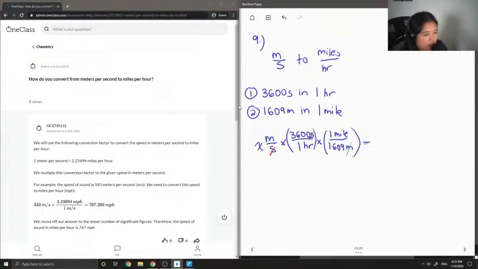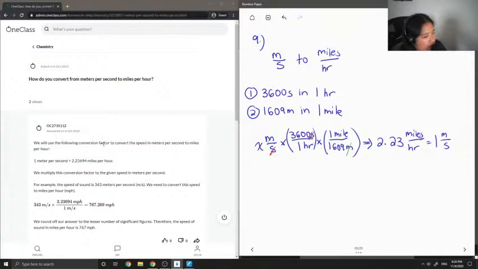So this leaves us with an x value of 2.23 miles per hour, which is also equal to 1 meter per second.